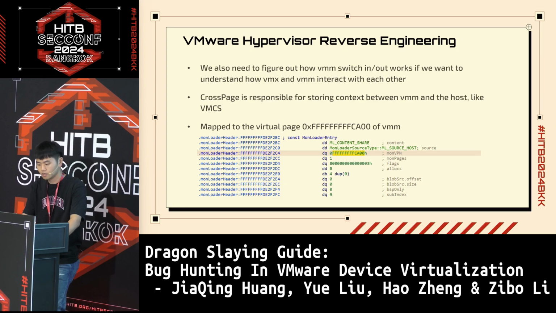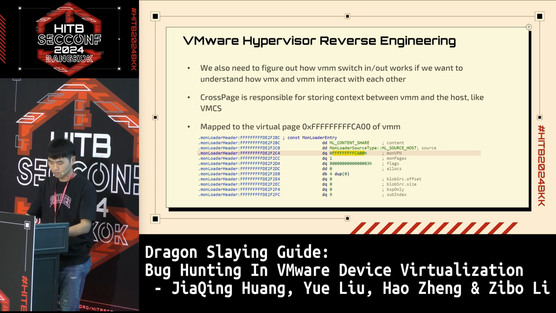We still need to figure out how the VMM switch works to understand the user RPC. The cross page played an important role in the VMM switch. It's a one-page-size memory region used for storing context between VMM and the host, just like VMCS in Intel VT.